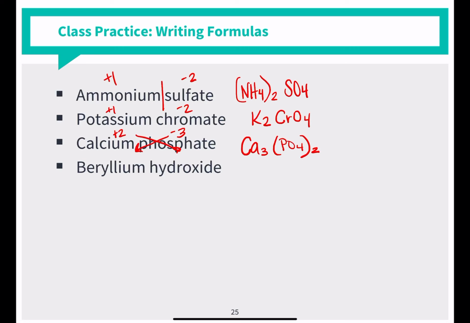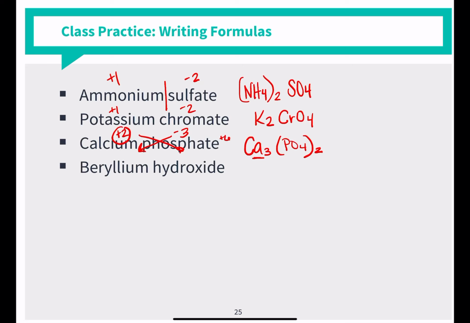Okay, so I have 3 positive 2 charges, which makes my total positive charge 6. And then phosphate is a negative 3 charge, and I have 2 of those, so that makes my total negative charge negative 6. And those balance out that way.